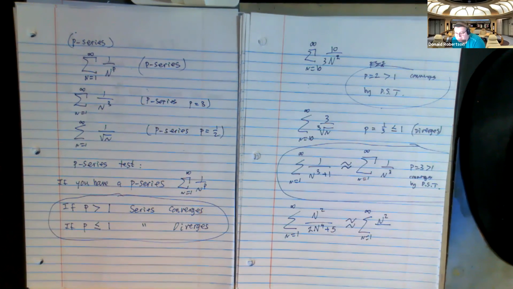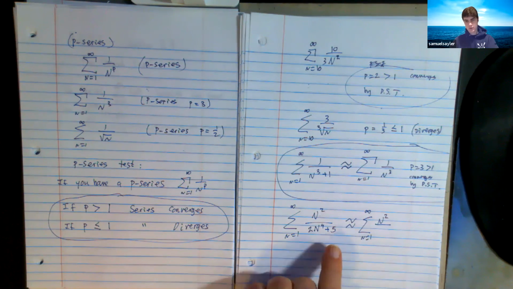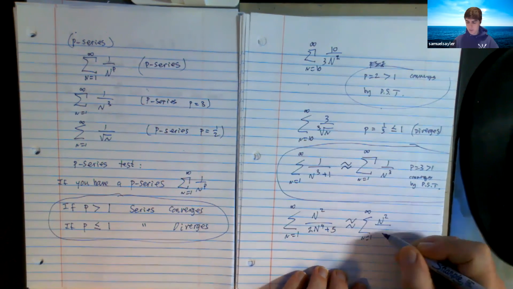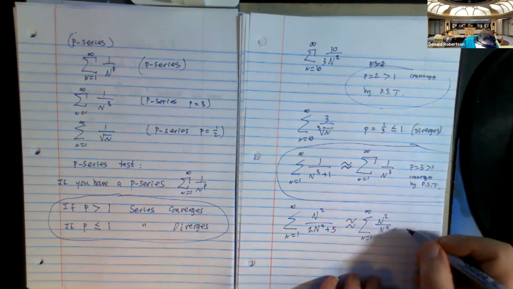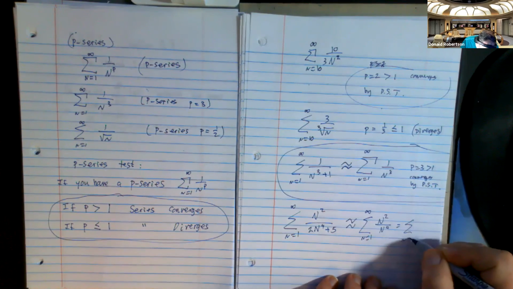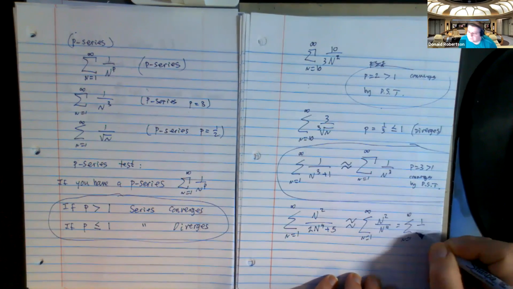Who does 2n to the 4 plus 5 behave like? Roughly. 2n to the 4 plus 5. What could I replace that by? N to the 4. Yeah. Or if you want 2n to the 4, but n to the 4 will work fine. And doesn't that make this fella then him?